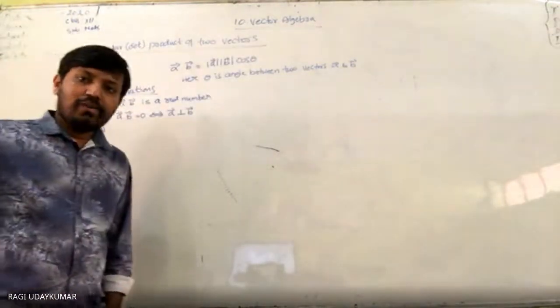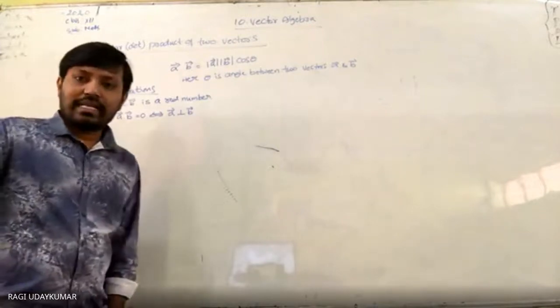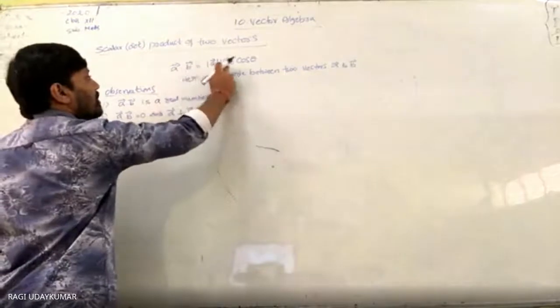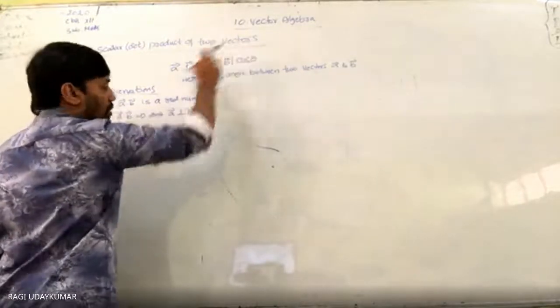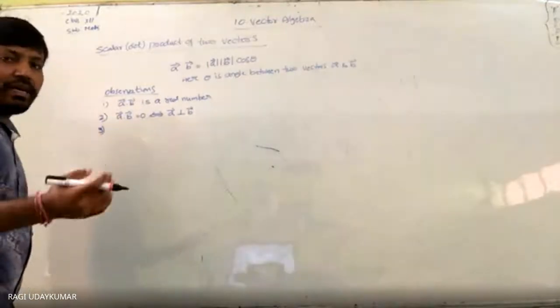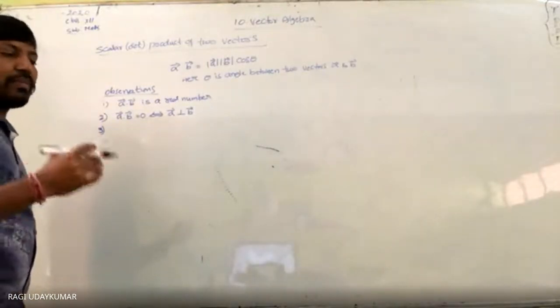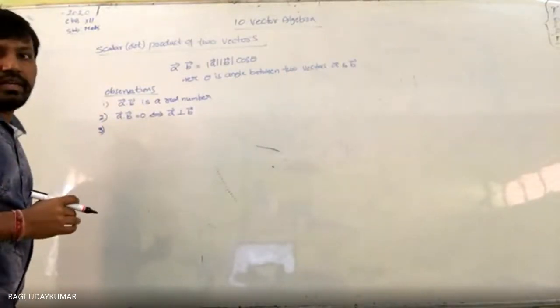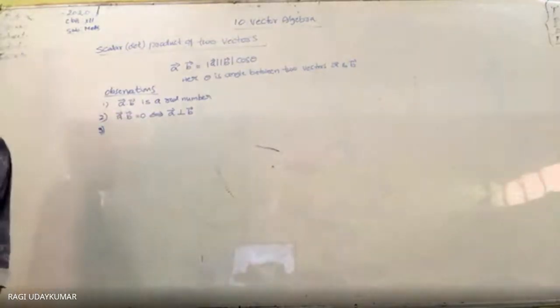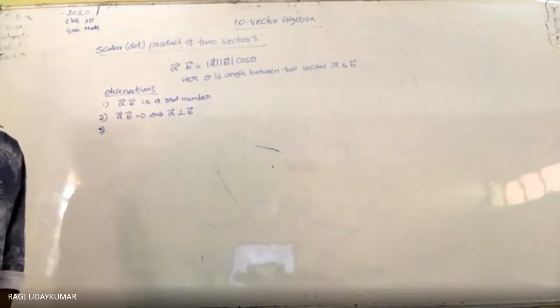Cos 90 degrees value is 0, so you get A bar dot B bar equals something into 0. So when the two vectors are perpendicular to each other, the dot product will be equal to 0.